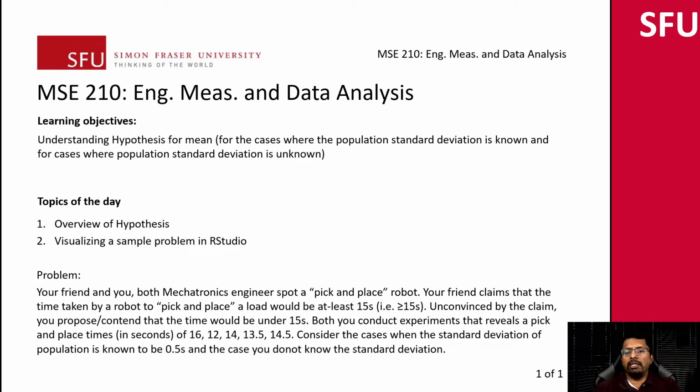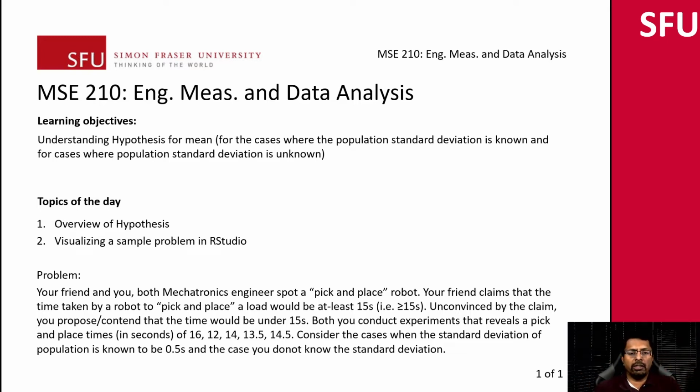But then your friend claims that he or she believes that the robot will take at least 15 seconds to pick the load from one point and place it to the other. You, on the other hand, contend his or her claim is untrue. So your counterclaim is that it's going to be less than 15 seconds. So those are opposite cases.